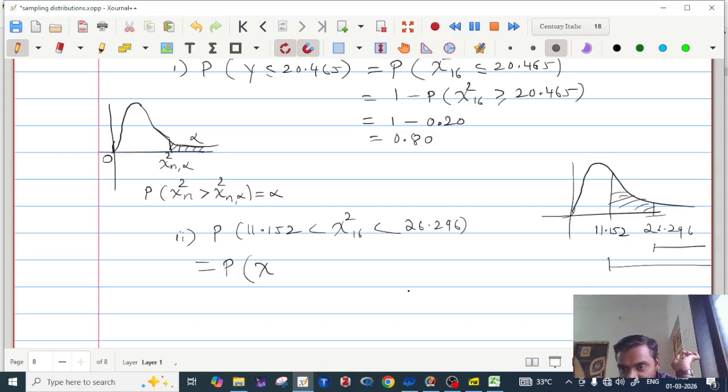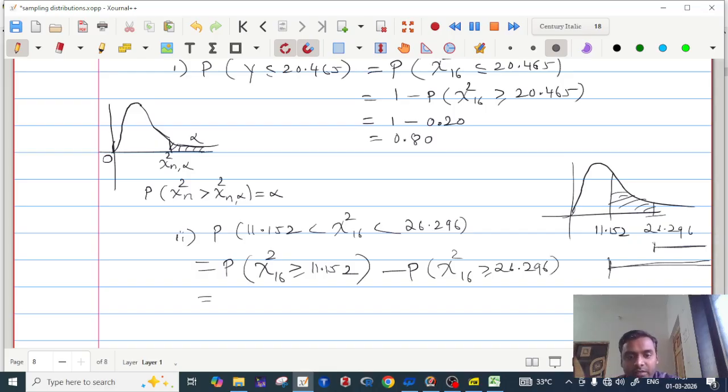So this probability will be obtained by this probability minus this probability. This is the probability of chi-square 16 greater than or equal to 11.152 minus the probability of chi-square 16 greater than or equal to 26.296. Now solve this.